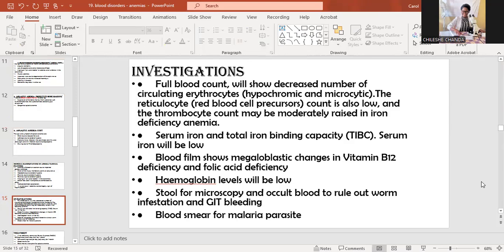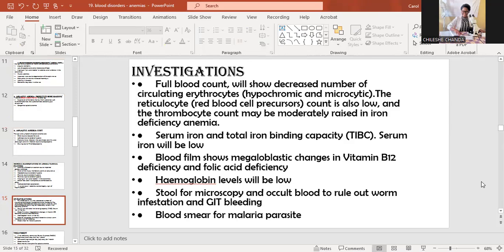In some anemias you find that the blood cells will look very pale, and in some anemias you find that the blood cells will look smaller than normal. Hemoglobin levels will also be reduced.